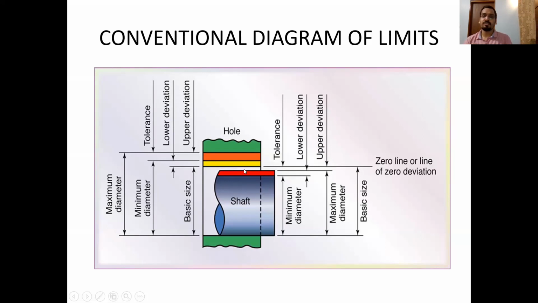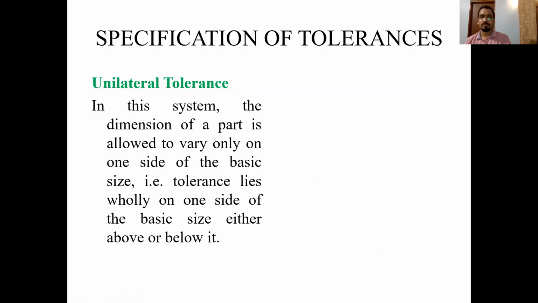So it is very easy to design this shaft. In the same way, if we consider the lower limit of the hole equal to the basic size, then it is very easy to determine the lower deviation in the case of the hole. So by considering the unilateral tolerance, it is easy to design hole and shaft, and it is easy to define the deviation of the hole and shaft. I think it is clear to you.